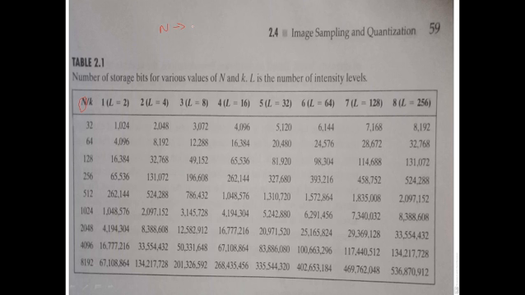As the number of rows or columns increases, and as the number of bits required to represent each element increases, the total number of bits used to represent the image gets larger. This is what we come to know from the table.